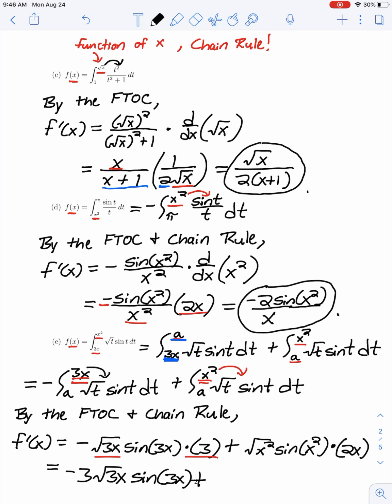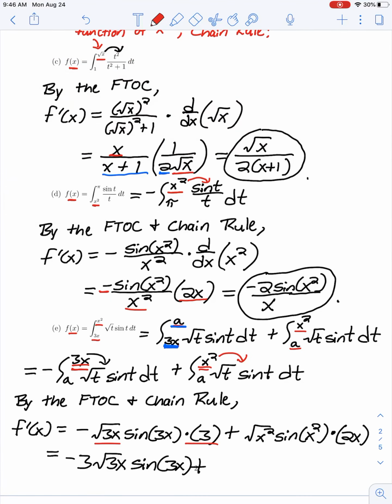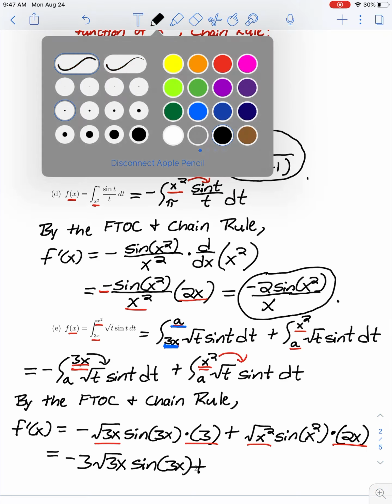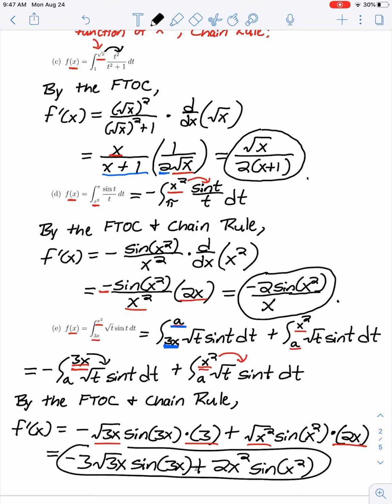And then we add, well, for our second part, we have the square root of x squared, or just x, then we're multiplying by 2x. So x times 2x would give us 2x squared, and then we're still multiplying by sine of x squared. So this would be the derivative of that function.